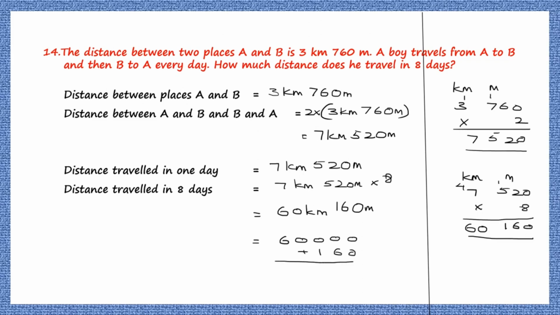So this will give me 60,160 meters. So this time my answer is in meters. The first time my answer is in kilometers and meters. Now it is only in meters. So you can write one of these answers. Both are the same. So this is the distance he traveled in 8 days.